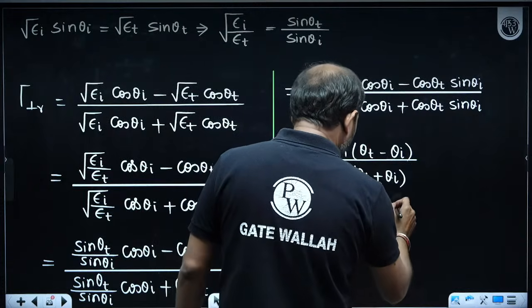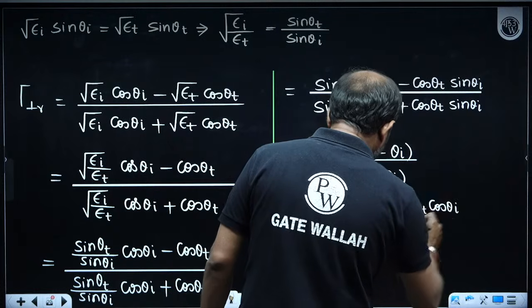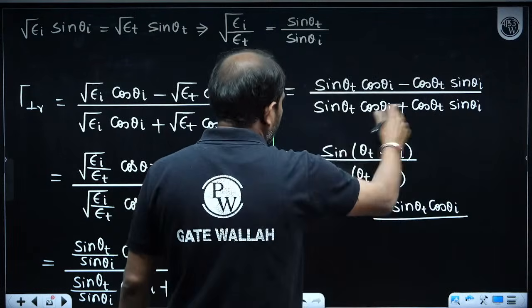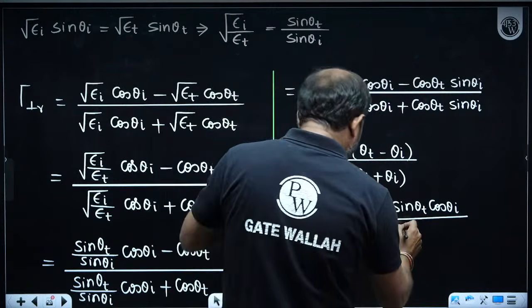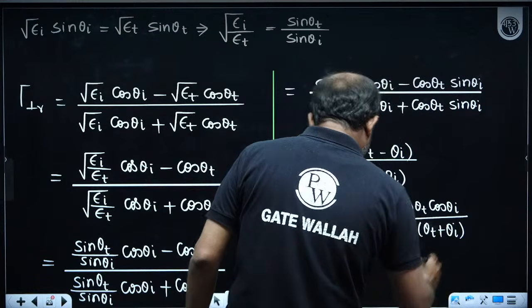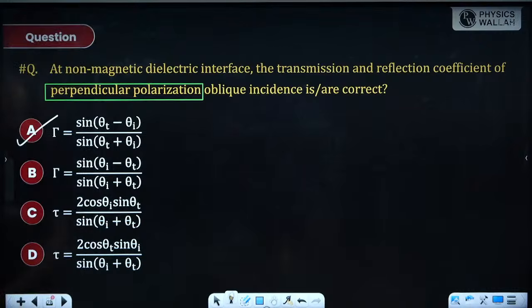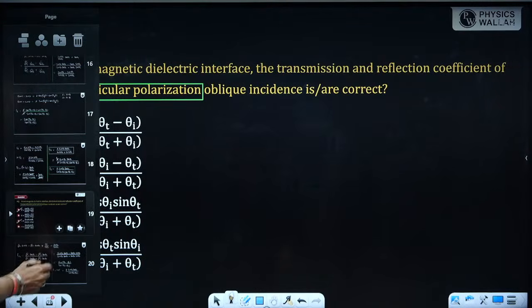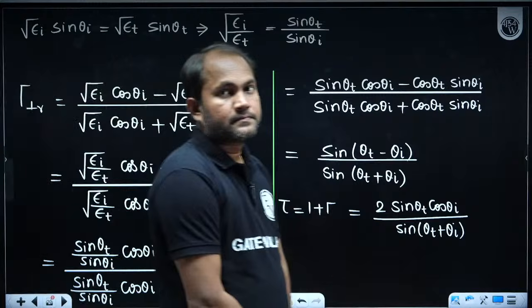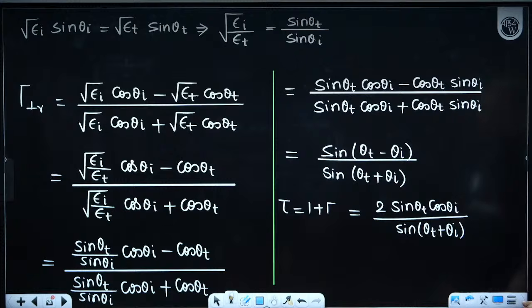So it will be 2 sin theta t cos theta I divided by sin theta t plus theta I. So 2 sin theta t cos theta I and sin theta t plus theta I is the correct answer. A very good question. Perpendicular.